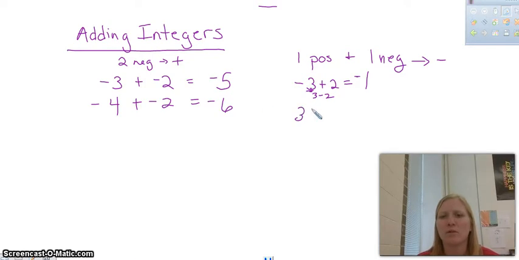But if I wrote 3 plus -2, 3 minus 2 is 1.